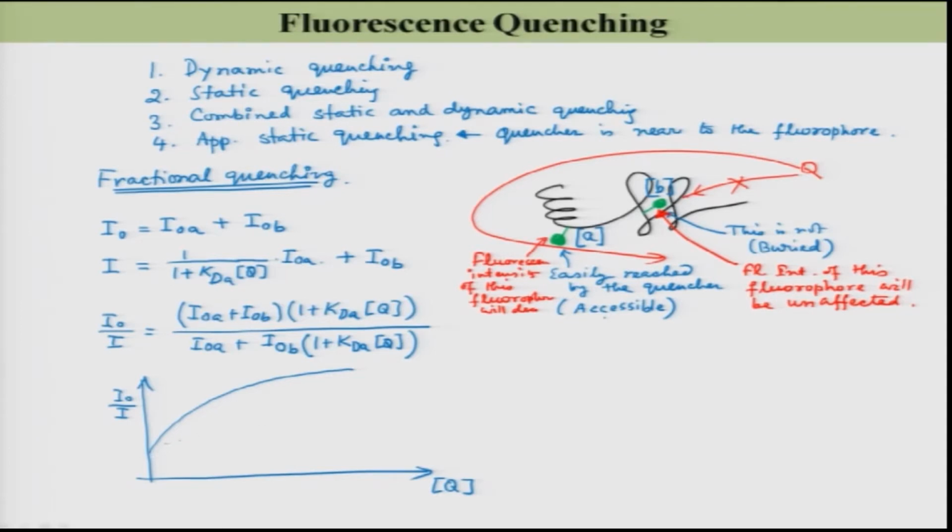It means that this is not a straight line. Obviously, it is not. So, in this case, my question is how am I going to calculate the value of K d A. Let us move forward and see how we can do that.